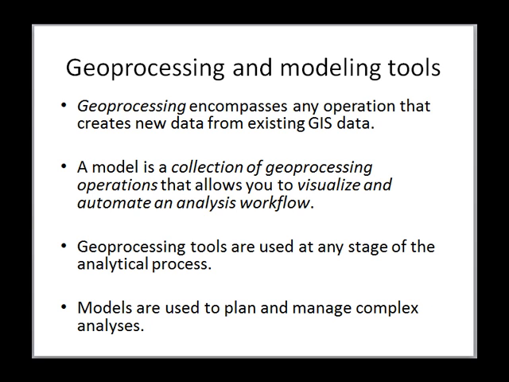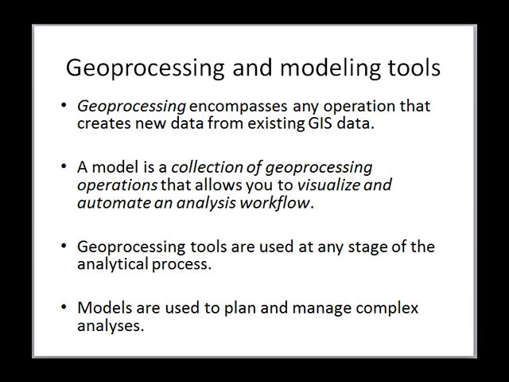So, if you think back to the GIS analysis discussion that we had, the definition of GIS analysis said that GIS analysis involves visualizing and combining geographic data to derive new information. So it sounds a lot like geoprocessing, because geoprocessing is an operation that derives new data.